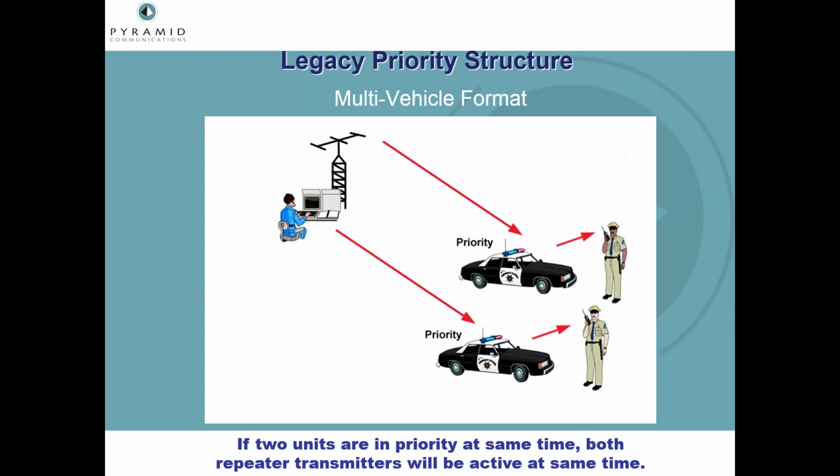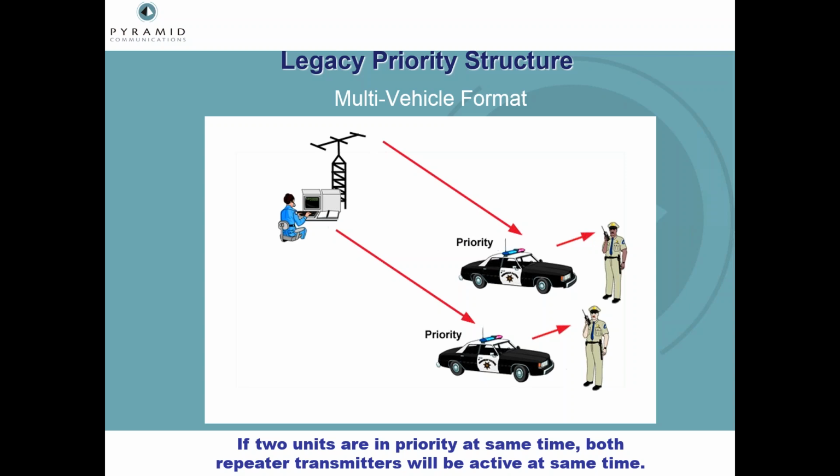Now, in the base to portable direction, there's something called priority sampling that happens. If you get 2 units in priority at the same time, and this can typically happen if a user doesn't follow the rule of turning on their vehicular repeater as they arrive on the scene and just leaves it on all the time. I mean, sometimes they have better things to worry about. Sometimes maybe they just don't want to follow the rules.